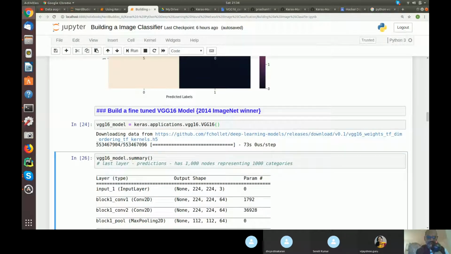So now what we want to do is, given that somebody has created a very good model, we want to use their learnings, all the features that they have already learned, and just remove the last layer.